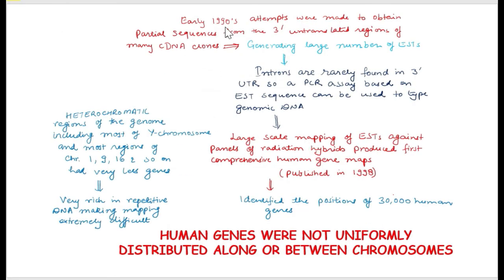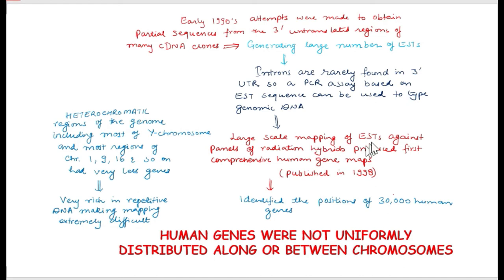In the early 1990s, attempts were made to obtain partial sequences from the 3' untranslated region of many cDNA clones. These were actually expressed sequence tags, or ESTs. Since 3' UTRs rarely have introns, PCR assays based on EST sequences can be used to type genomic DNA.